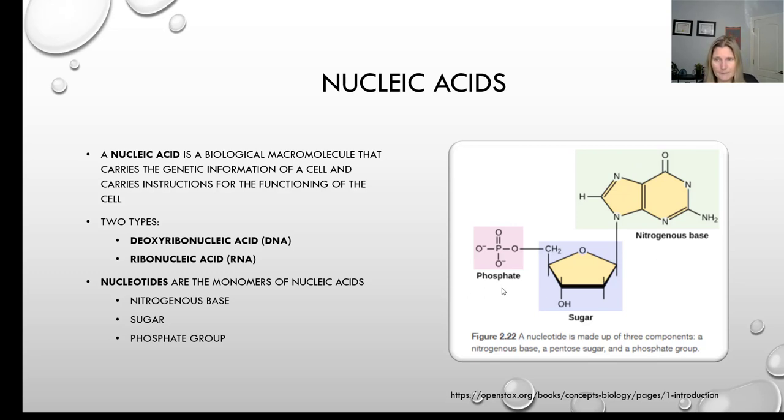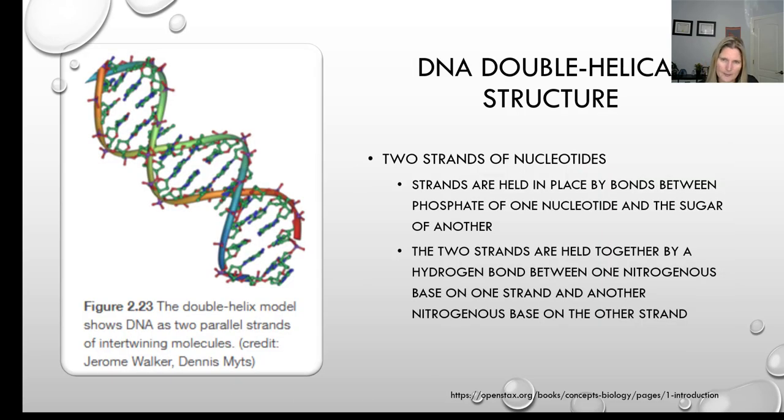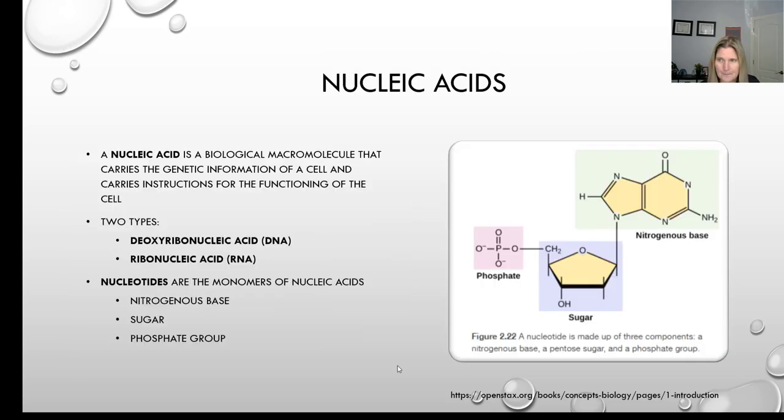Now if I have 2 nucleotides brought together, they will link together. Let's see if I have a better picture. I don't think I have that great of a picture here. They're linked together by the phosphate group of one nucleotide and the sugar group of another nucleotide.